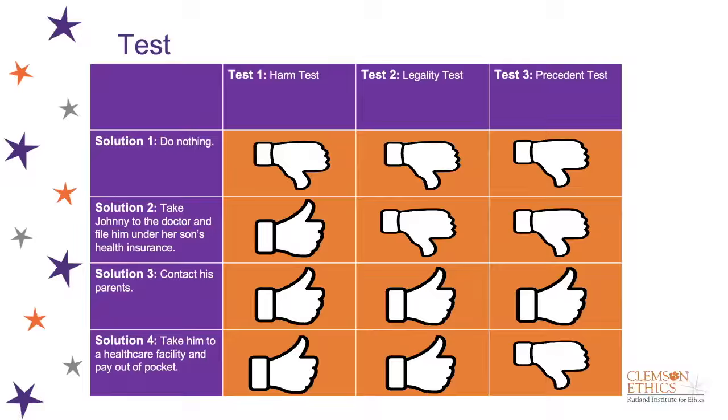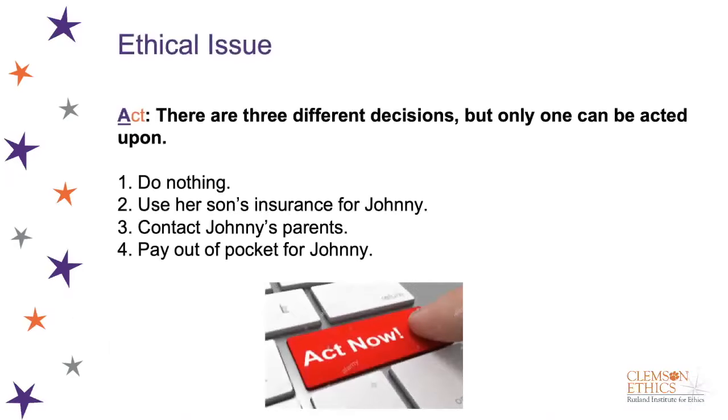We can also assume from the information given that Mrs. Jackson must have some form of relationship with the family to show up to Johnny's house. So contacting the parents is the best option. With this dilemma, we have chosen to act by contacting Johnny's parents because it seems to be the best fit based on the ethical tests.